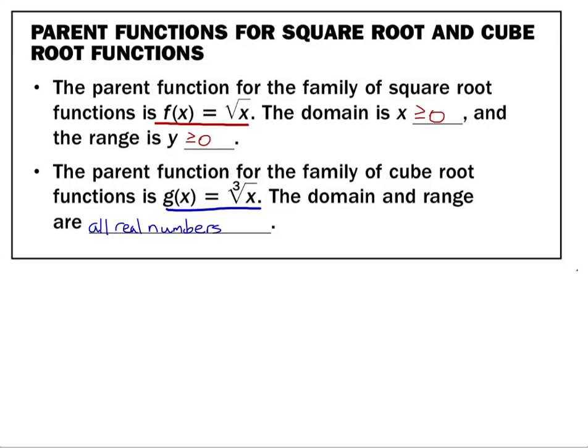We've seen this before in the prior sections. So you can do, let's say, cube root of negative 8. So you can stick negative numbers in the domain. And when you do a negative number in a cube root, you get a negative answer. So for my example, cube root of negative 8 is negative 2. So negative numbers work in the domain. Negative numbers also work in the range.